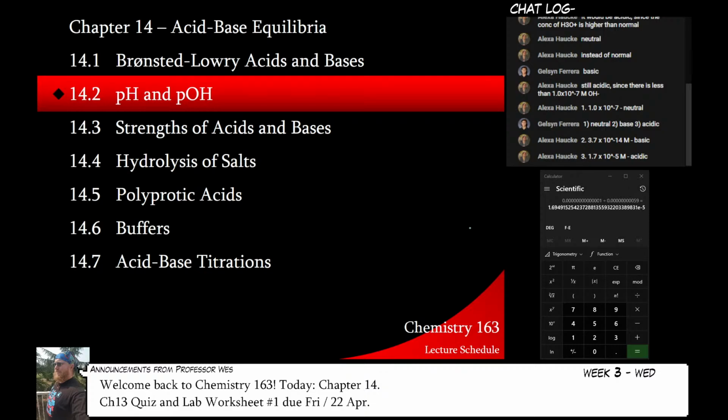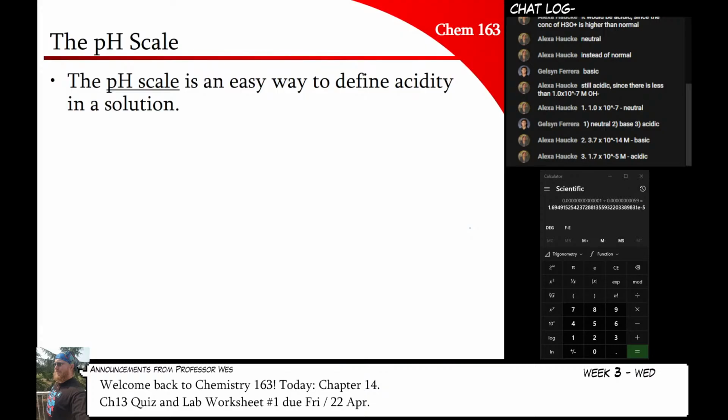It's that number scale. 7 is neutral, small numbers are acidic, and big numbers are basic. Now, more than that you might not know, and that's fine, because we're going to learn that. But almost everybody is familiar with this scale. It is a universally utilized scale for identifying acidic, basic, or neutral.